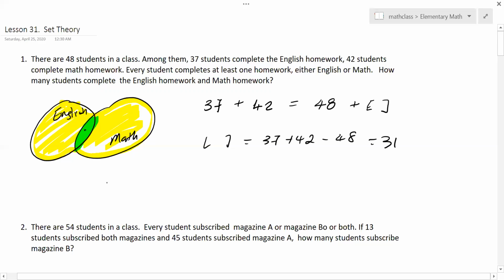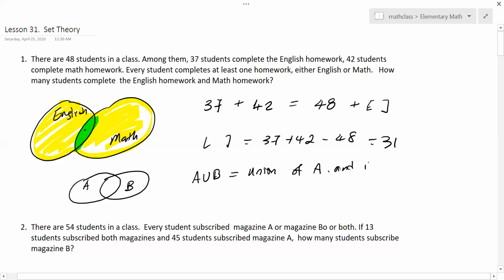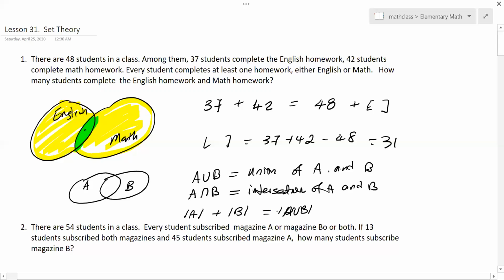If you have a set, we call it A, and another set, we call it B. This notation is called the union of A and B, and this notation is called the intersection of A and B. The idea is that the number of elements in set A plus the number of elements in set B is going to be more than the elements in the union of those two sets, because of the intersection.